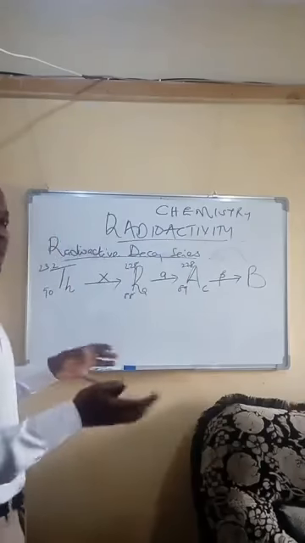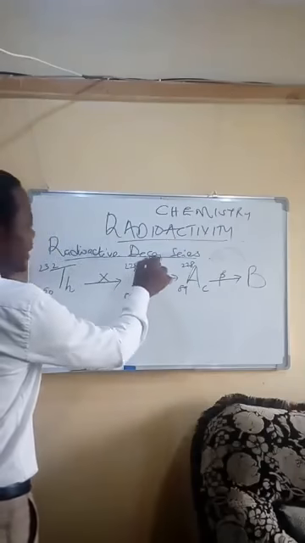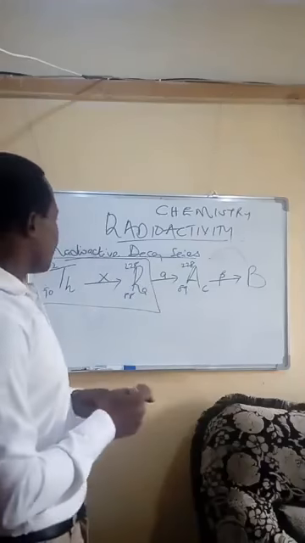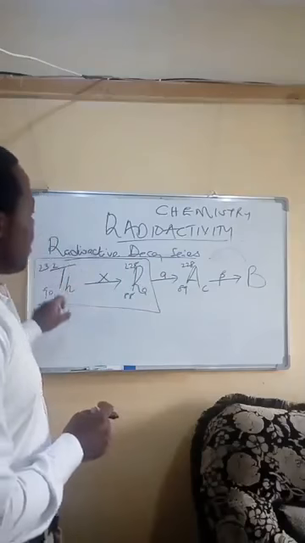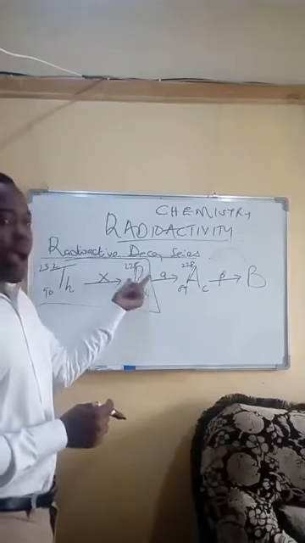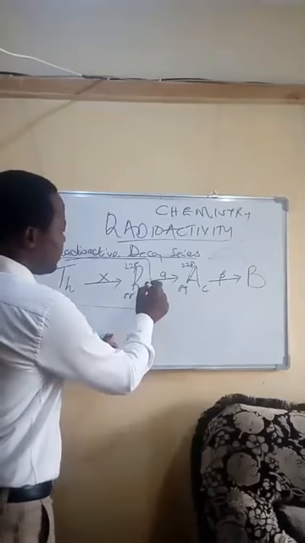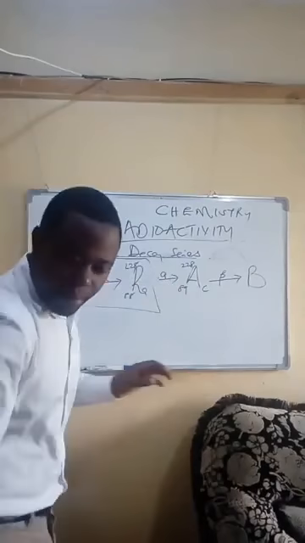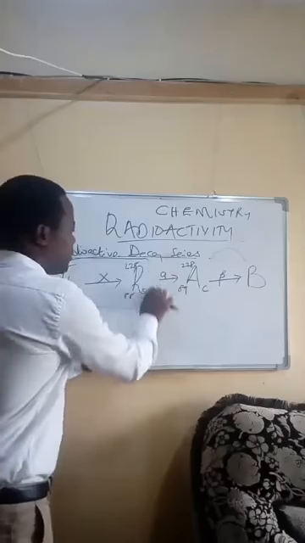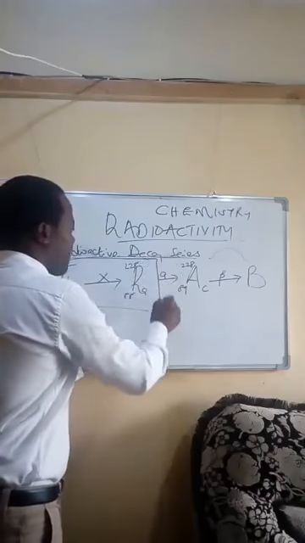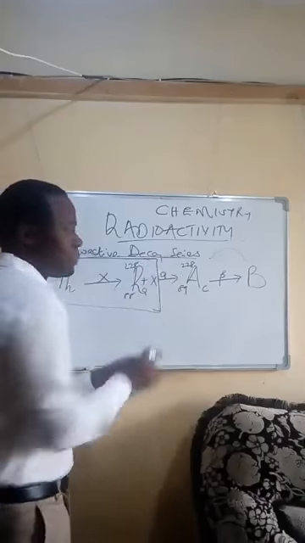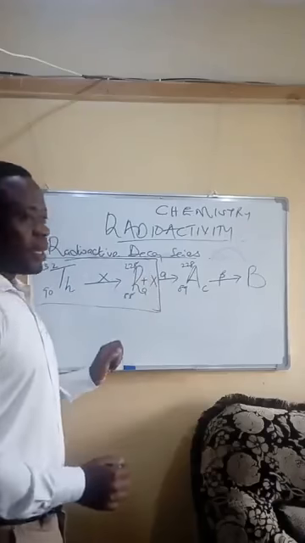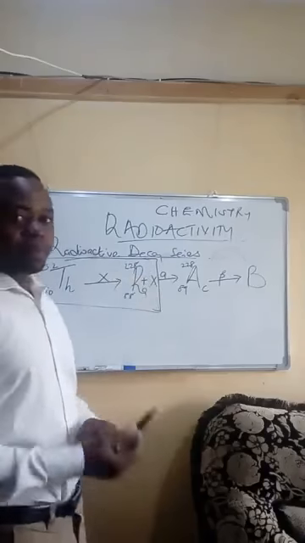So for this equation to be balanced, I'm going to pick just this part. So there is Th disintegrating or decaying to form Ra plus X. So this X has a number A here and it has a number B here.